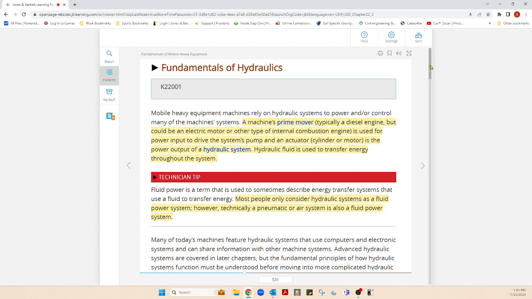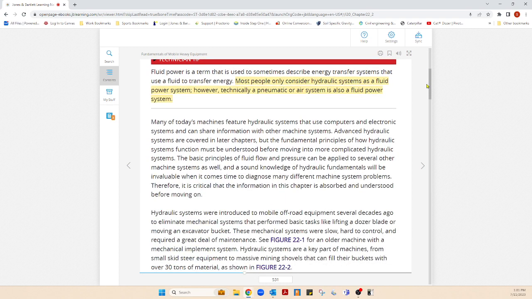So let's see. A lot of people think of a hydraulic system as a fluid power system. However, technically, pneumatic or gas is also a system, and it's also considered a fluid. Fluids are divided into liquids and gases.